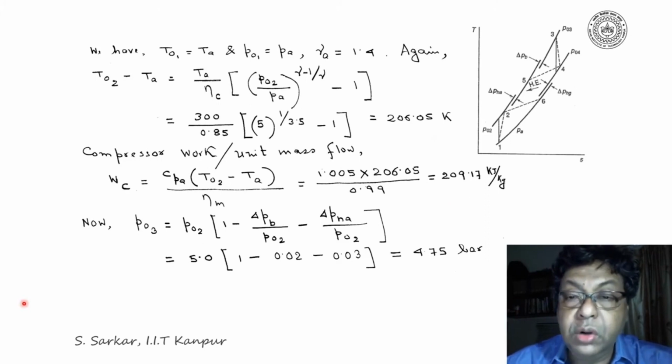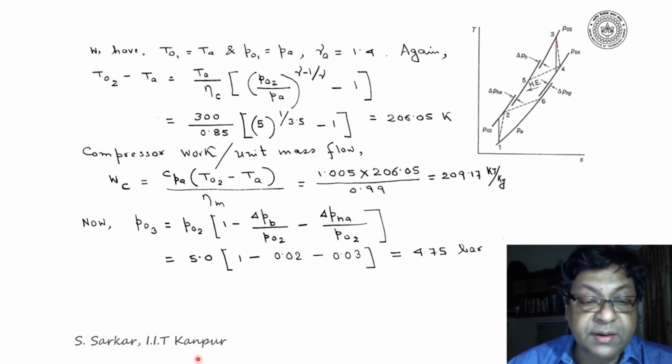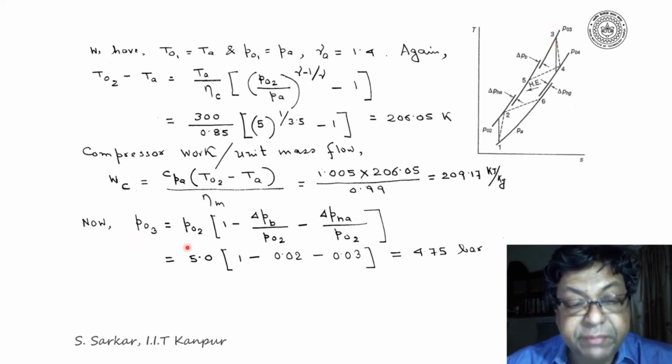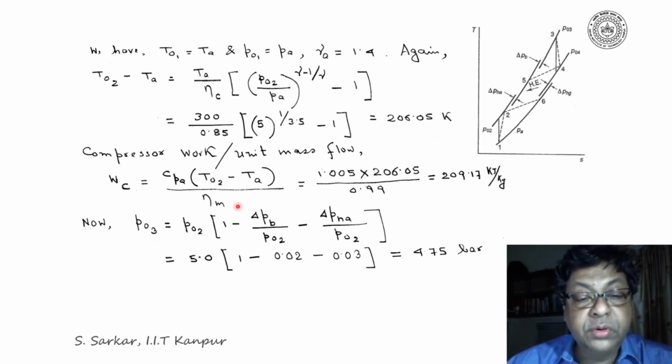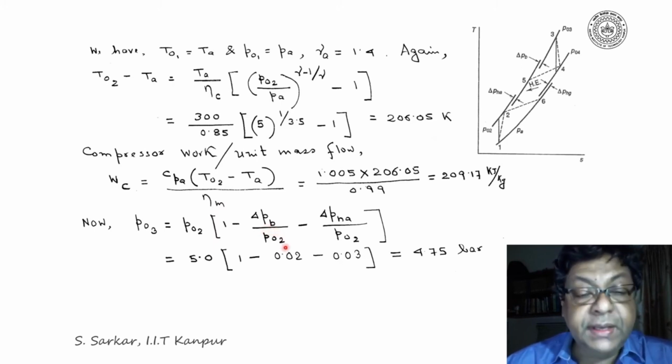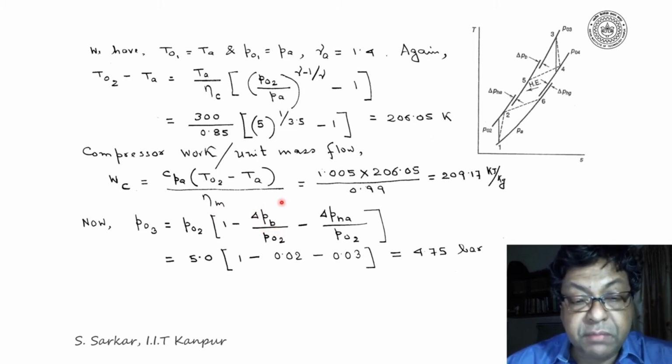Now look, P03, that is the pressure at inlet to the turbine, can be given by P02 within bracket, 1 minus del PB, the pressure loss in the combustion chamber, divided by P02, minus del PHA divided by P02, that is the loss in the heat exchanger air side.